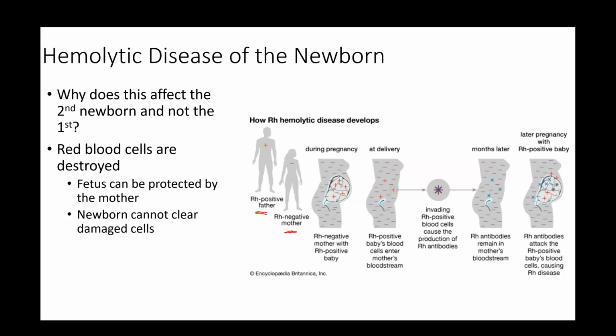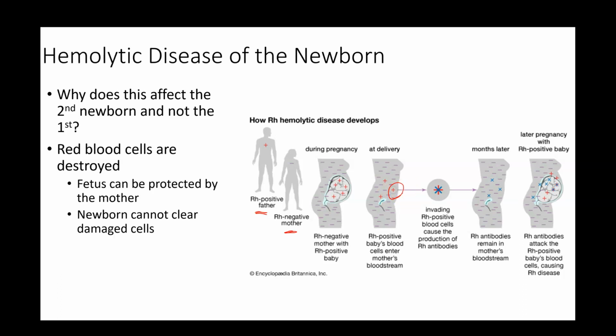So in her first pregnancy, she has a baby that is Rh positive. Now, during the process of birth, during delivery, some of the baby's blood and antigens will mix with the mother's blood. And that allows that Rh antigen to get into the mother's system.